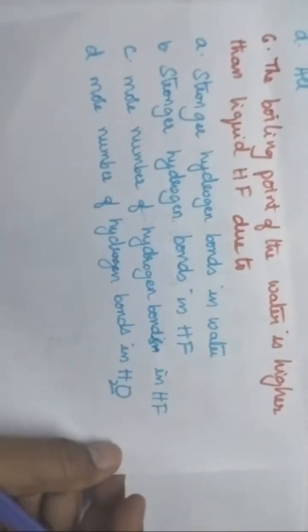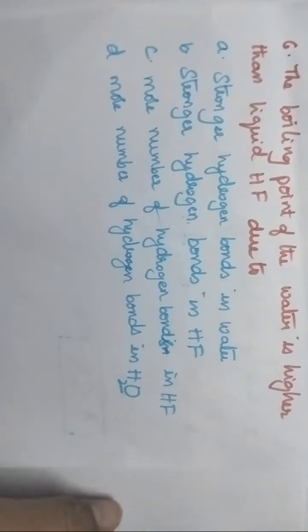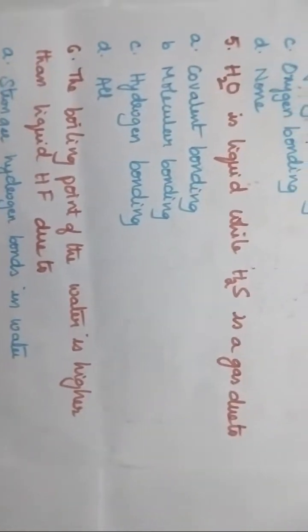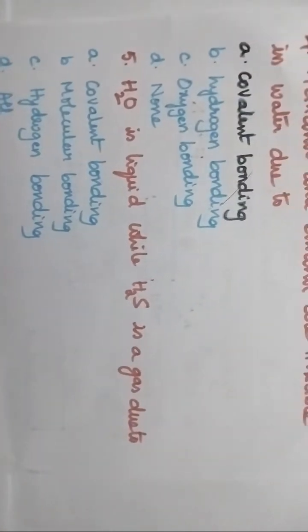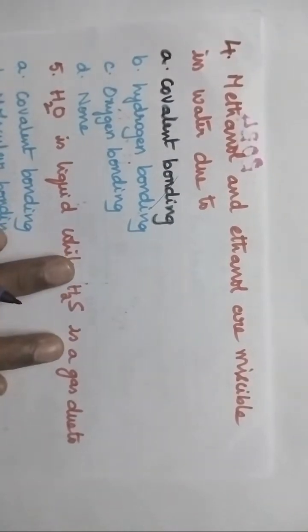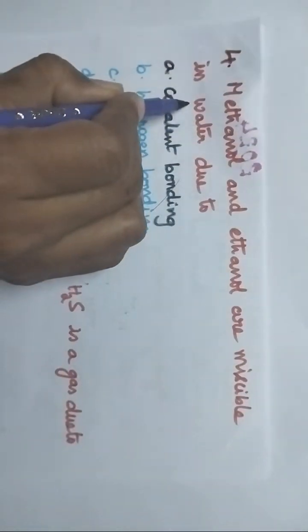Initially, let me discuss the multiple choice questions based upon hydrogen bonding. So you will have a clear idea about the hydrogen bonding. Methanol and ethanol are miscible in water.